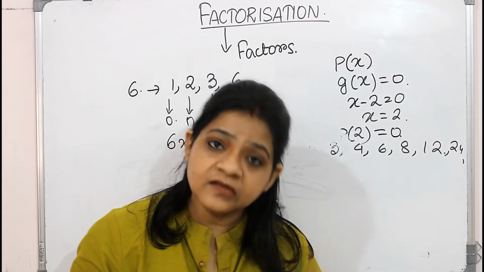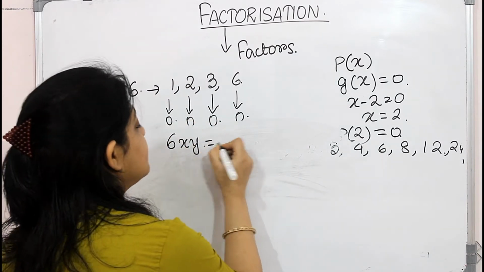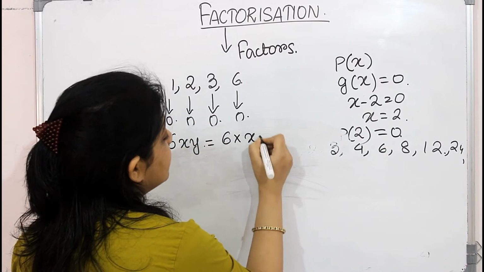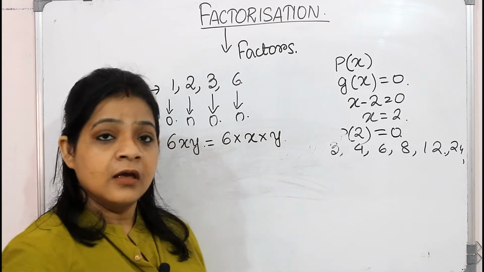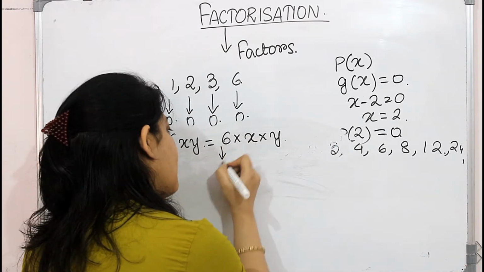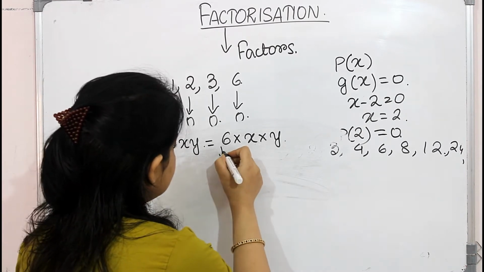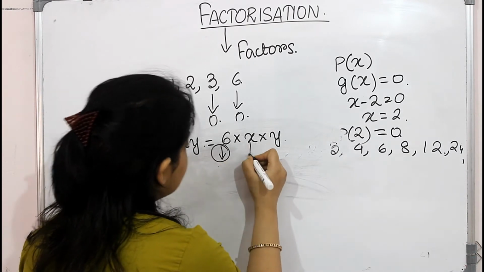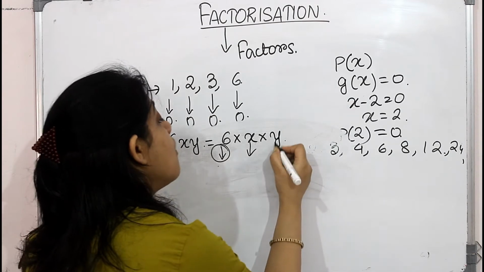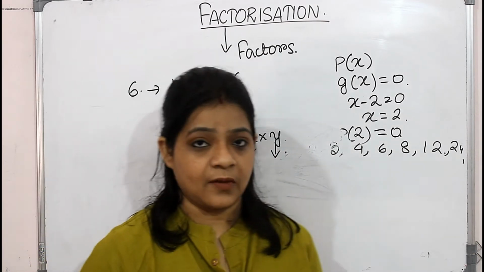Now 6xy can be written as 6 into x into y, right? So 6 is a factor of 6xy, x is a factor of 6xy, y is a factor of 6xy.